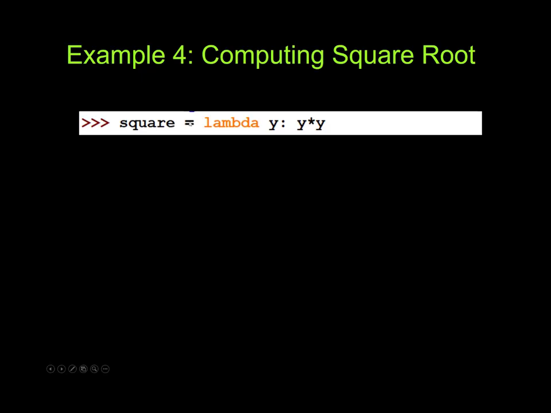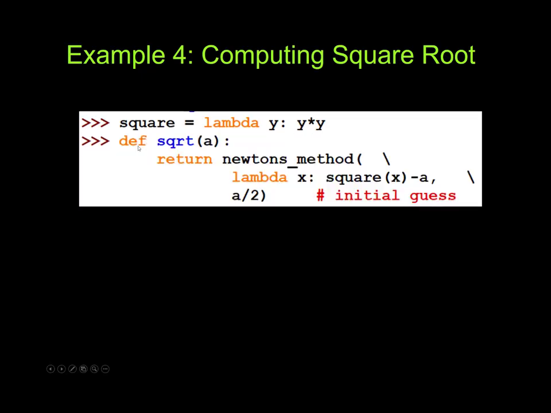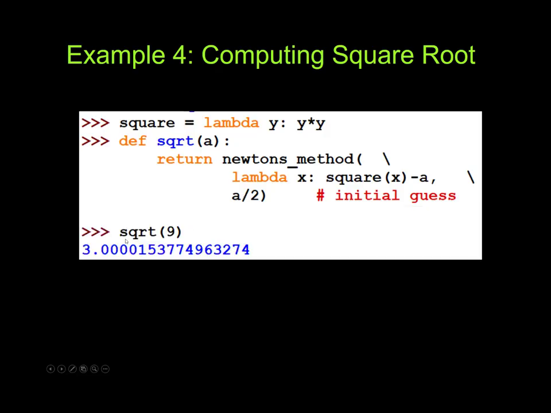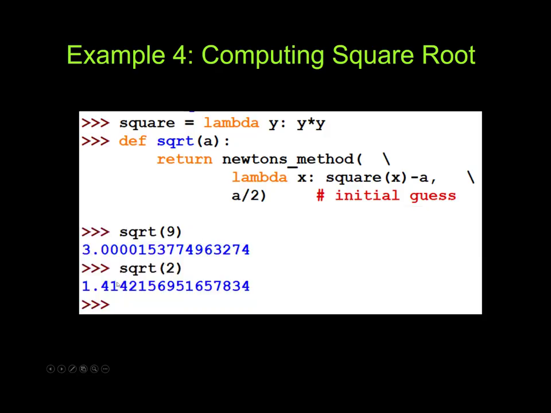Square is a function, input y, output y squared. Then square root of a number a is to return Newton's method by having the function g(x) equal to square x minus a and using half of a as the initial guess. So square root of 9 is about 3. Square root of 2 is about 1.414.